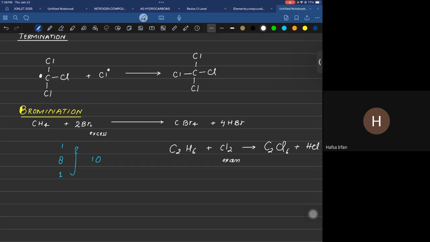So how many steps can you expect? 6 hydrogen atoms means 12 steps, 1 step for initiation and 1 step for termination. So the total steps are 14. Okay, it's simple, it's easy.